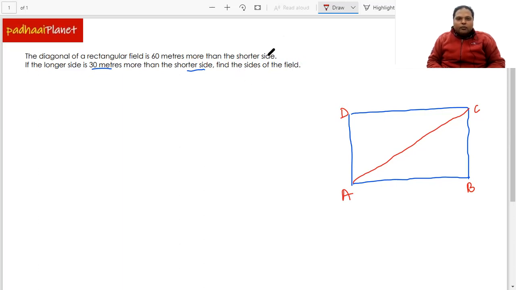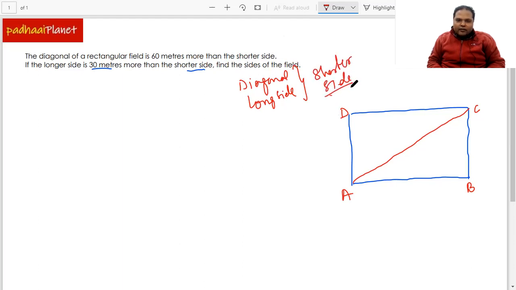Now, both the diagonal, which is AC, and the long side have a relationship with the shorter side of the rectangle, isn't it?